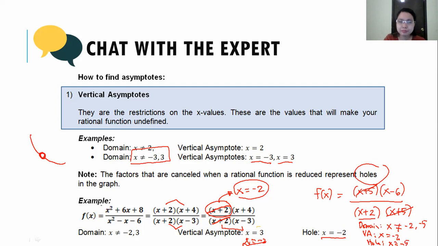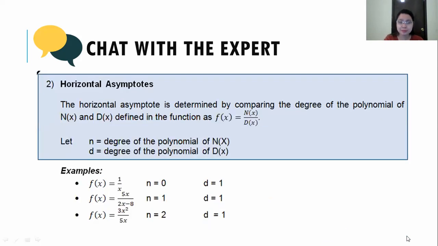Now, how about the horizontal asymptote? The horizontal asymptote can be determined by comparing the degree of your numerator and your denominator. So what will you do? First, you need to arrange from the highest exponent to the lowest exponent in your numerator and denominator.